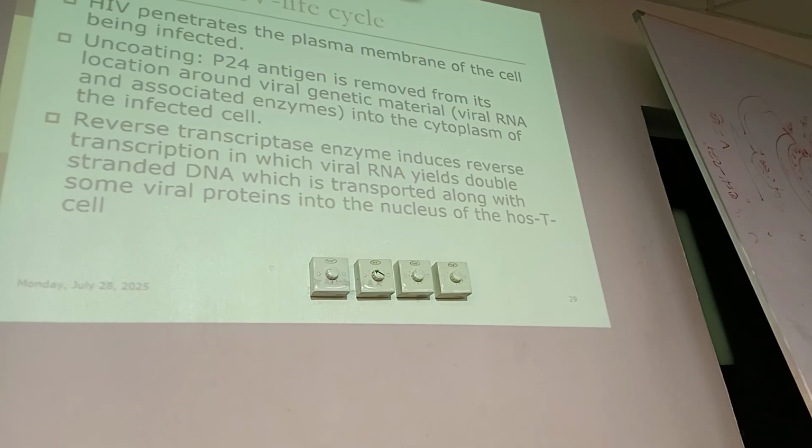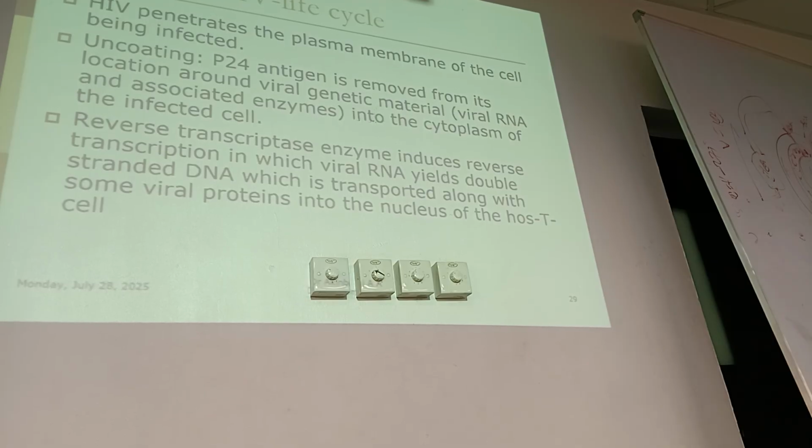So the reverse transcriptase enzyme is deployed once the P24 uncoats. Uncoating is just removing the dress of HIV. Then the enzyme reverse transcriptase comes into play and says, you cannot penetrate this cell if you are still RNA.